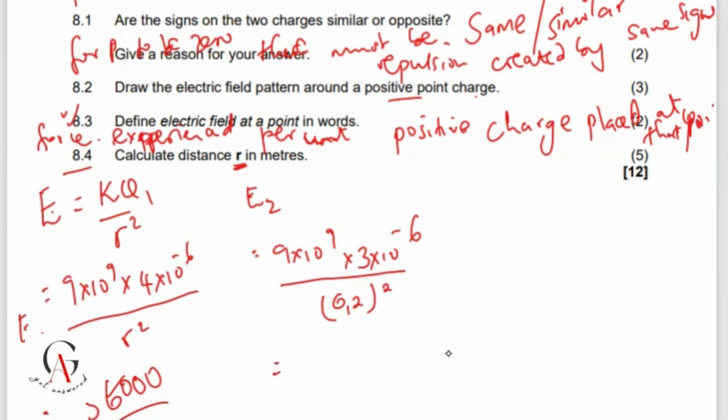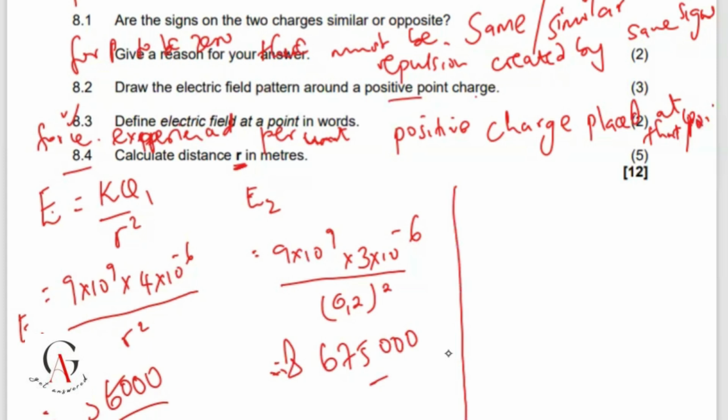Let's see. We have 9 times 10 to the 9. We're multiplying by 3 times 10 to the negative 6. That's 2.7. I'm dividing it by 0.2 squared, which is 675,000. Okay, so we're saying we're going to subtract the 2 and then equate to 0.